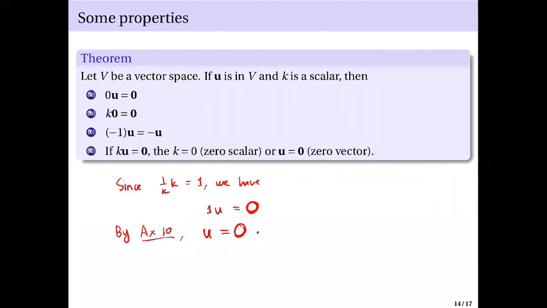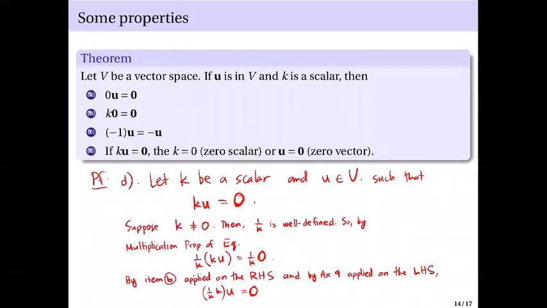So we have shown that we have this scalar k and u such that ku equals the 0 vector. We assumed that k is not equal to 0. We showed the vector u must be equal to 0.